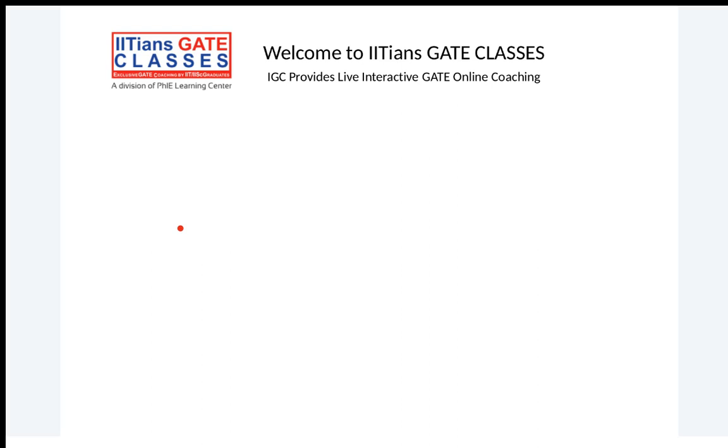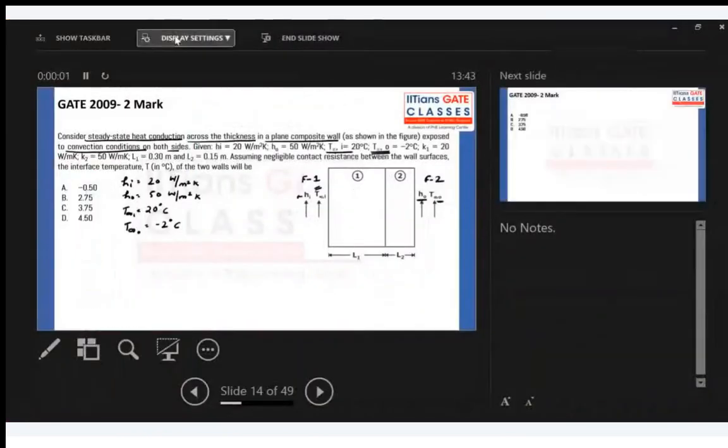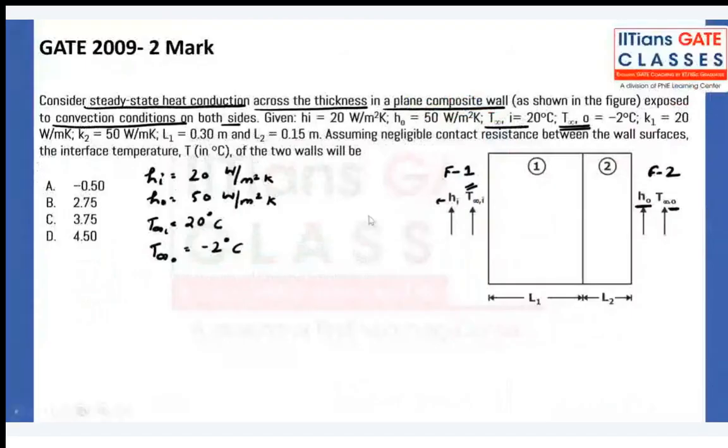I am not getting the option. Okay, now I am getting it. Now is it okay? Are you able to see this? Yes, okay. I'm sorry, I think there was a disconnection in the internet. So, chalo. Now I think it is okay. Okay, let's proceed further.